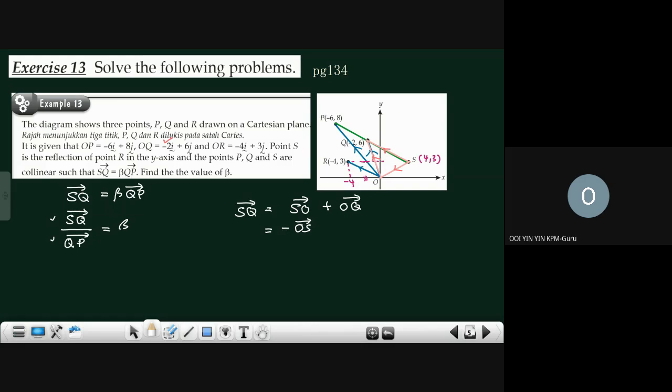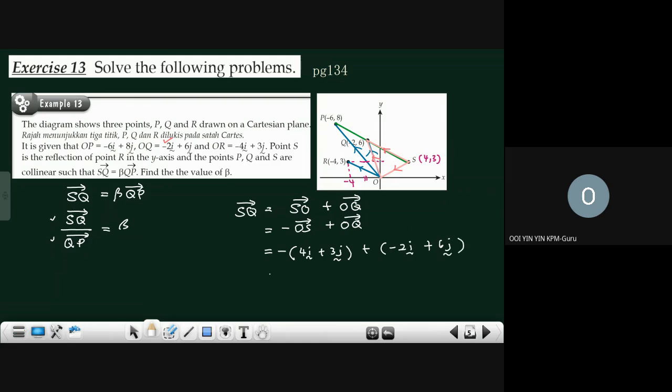你要把它反过来就要放 negative. Okay, 那 if you want to terbalikkan dia you kena bubuh negative kat depan. And then this OQ, never mind because it's already given in the question, exactly the same direction, so no need to change it. Okay, so now is negative OS, your point 4 3, so it's negative 4i minus 3j, and then plus with your OQ here, negative 2i plus 6j.